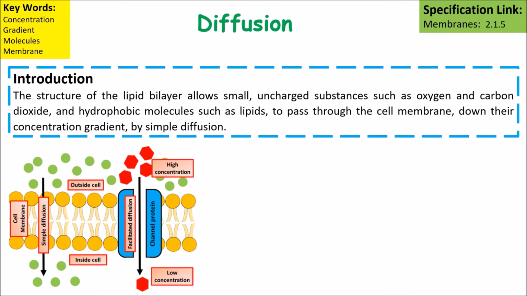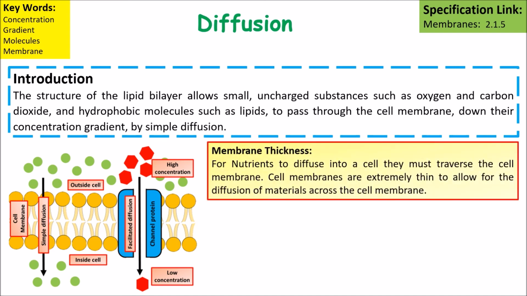So the structure of a lipid bilayer allows small uncharged substances such as oxygen and carbon dioxide to diffuse straight through it. There are a few things that will affect the rate of diffusion into and out of the cell. So the membrane thickness is the first thing. For nutrients to diffuse into the cell, they must traverse the membrane.